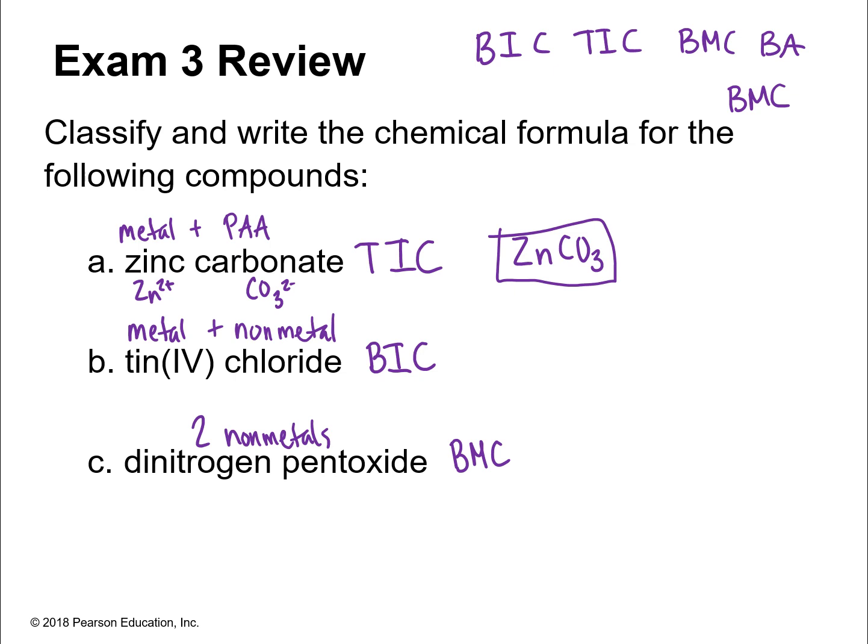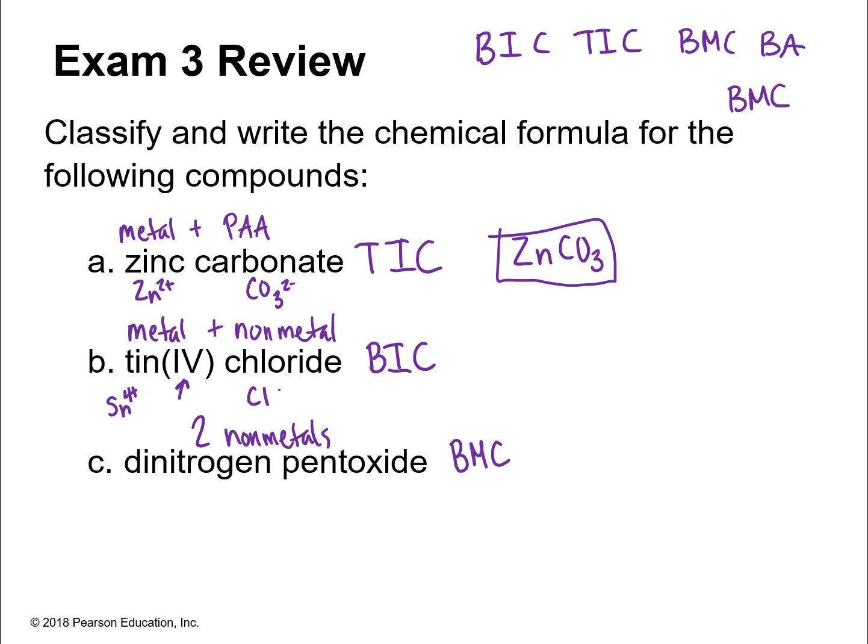For tin 4 chloride, we're told what the charge is because of that Roman numeral there. So tin is 4+. The chloride ion comes from chlorine, which is Cl. And you can figure out the charge for that anion by taking the group number minus 8.